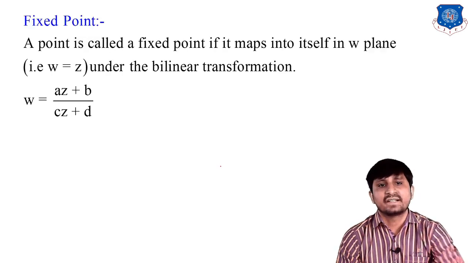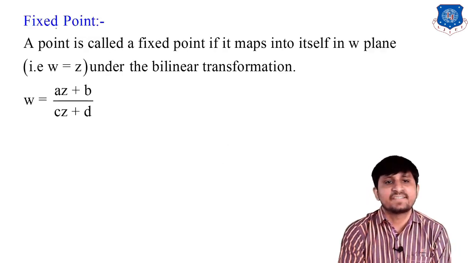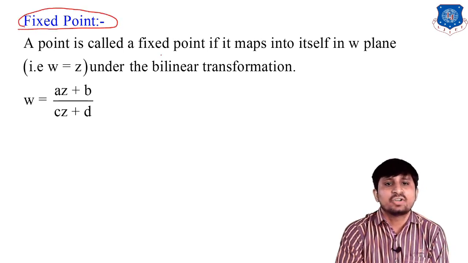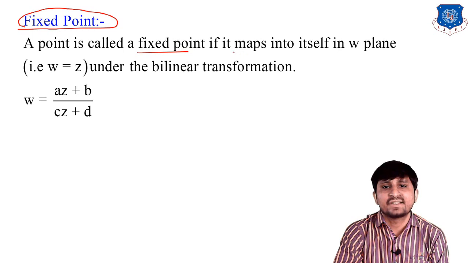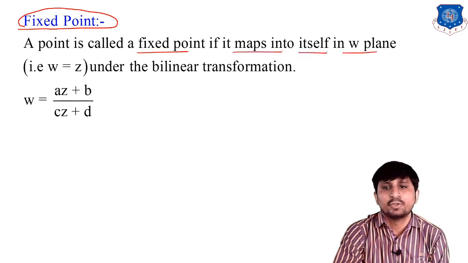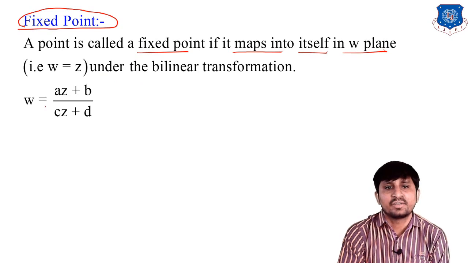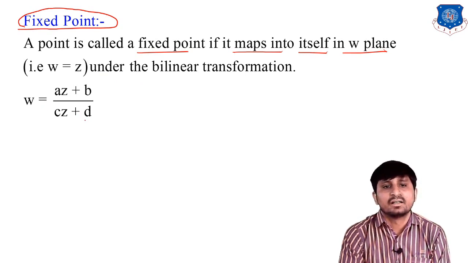Now let's start with the next concept, fixed point. What is the meaning of a fixed point? A point is called a fixed point if it maps into itself in the W plane under the transformation W equal to (AZ plus B) upon (CZ plus D).